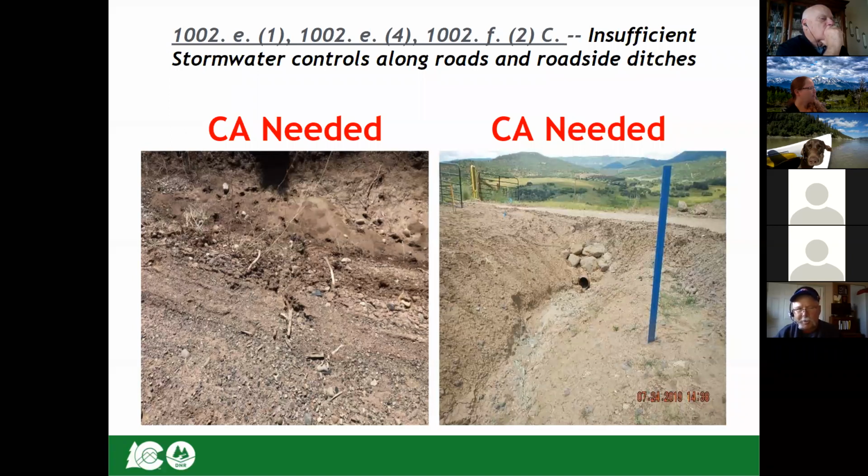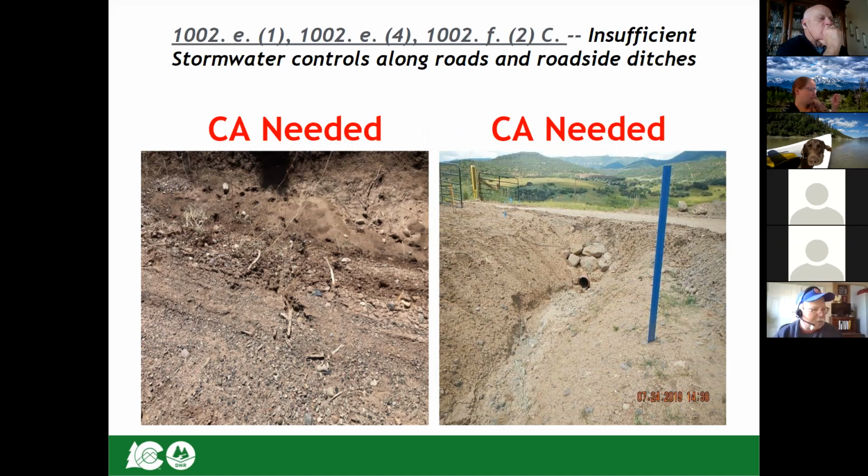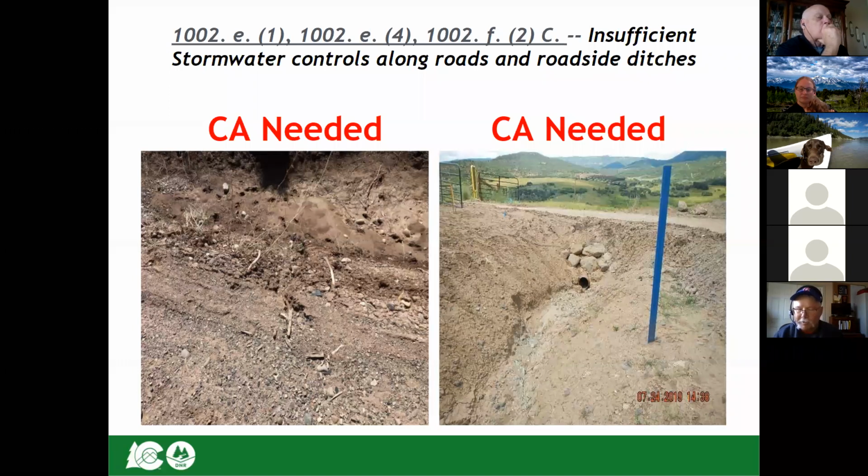You can just see how the sediment has backed up. It basically is serving as a retention feature, I think. So it's not near big enough to drain the area that it should have been designed to drain. Next slide, please.